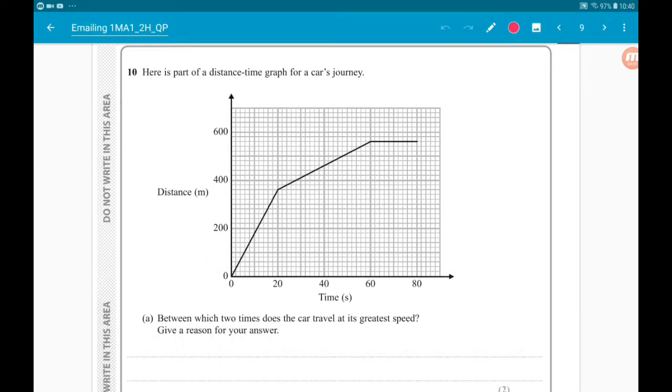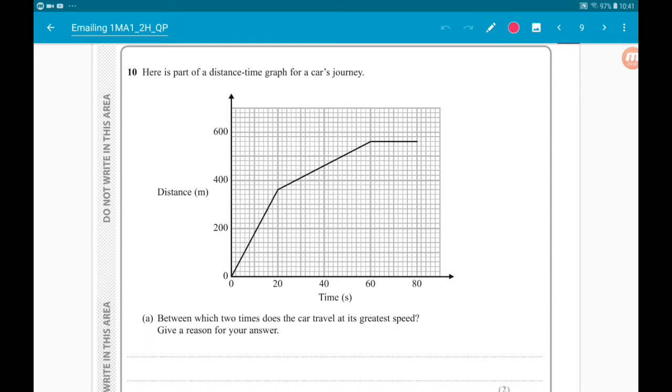Okay, number 10. So we have a distance time graph for a car's journey. So going upside, we have distance in meters, and along the bottom, time in seconds. Part A says between which 2 times does the car travel at its greatest speed? Give a reason for your answer.